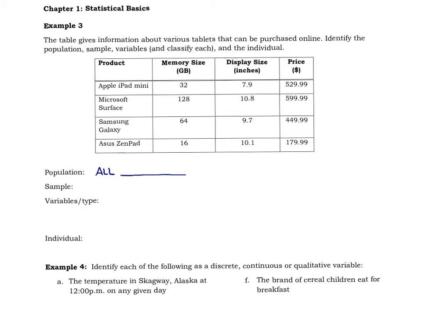Okay, this would be, in this case, all tablets. So what is the sample? Well, out of all the tablets that are manufactured, the sample is the 4 tablets shown in the table. Okay, so just those 4 that were picked out.